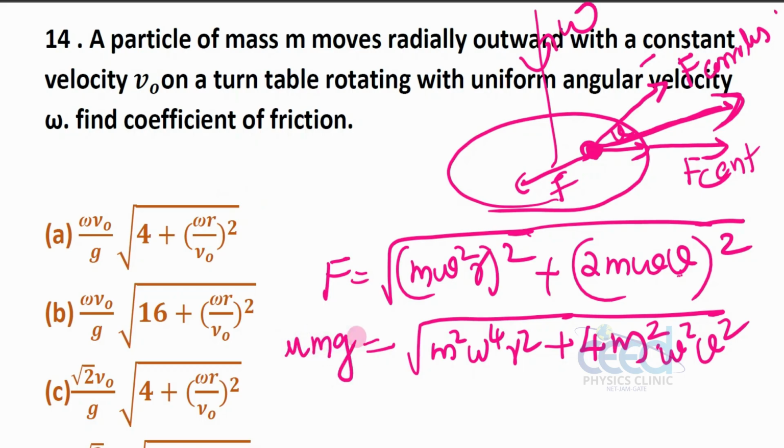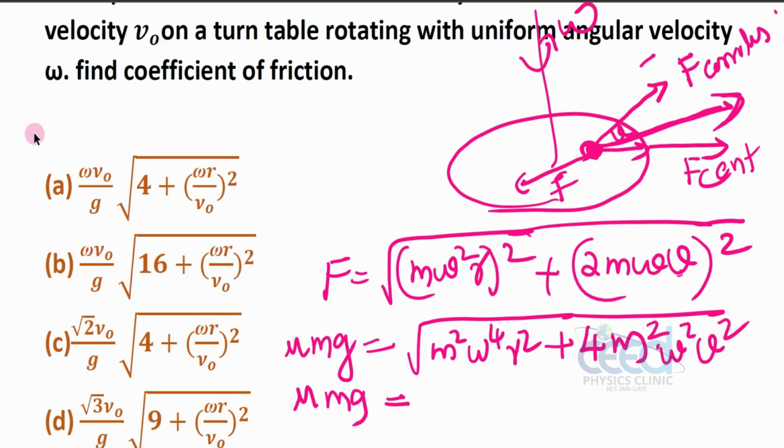Now you can take a common factor out, then mu mg equal to, mu mg into, here you can take out m, and maybe you can take omega v0 also, omega v also you can take out.